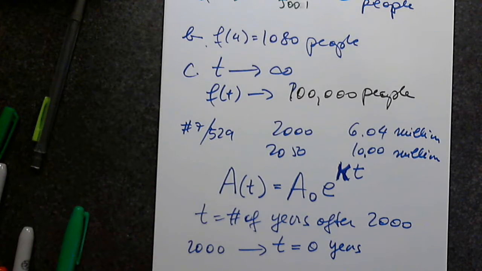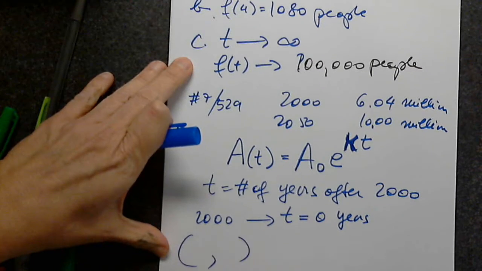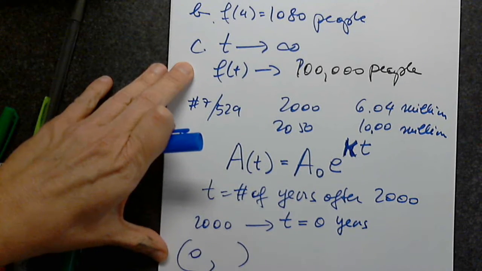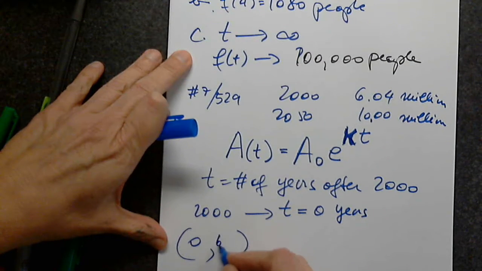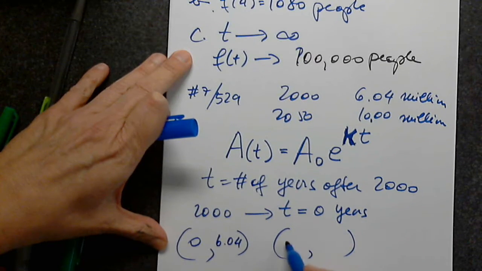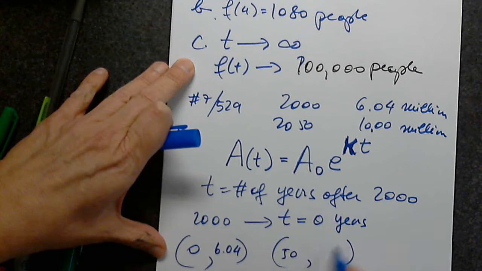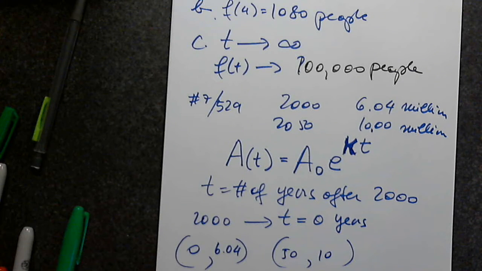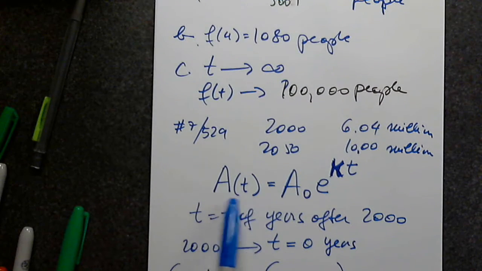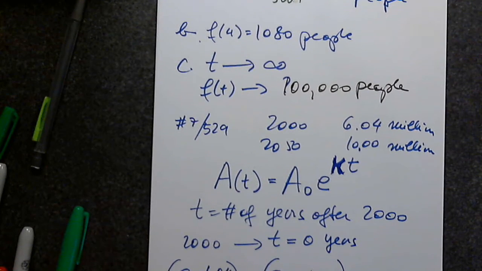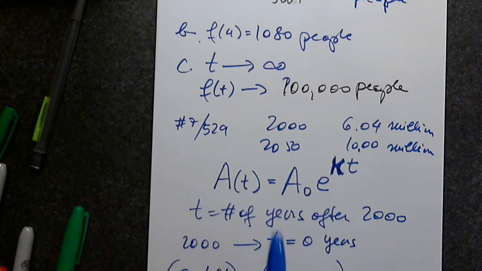Of course, right? So can you tell me the first ordered pair? Exactly. Okay, perfect. What is the other ordered pair? 50, 10. Awesome. Thank you. That's exactly it. Which means when time is 0, A of 0 is 6.04, and when time is 50, A of 50 is 10.